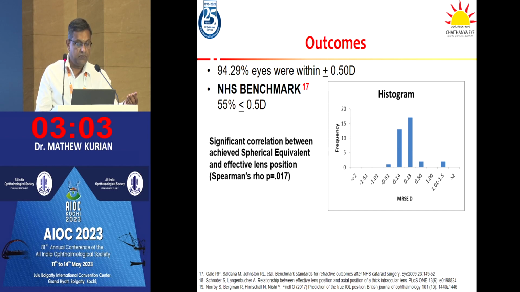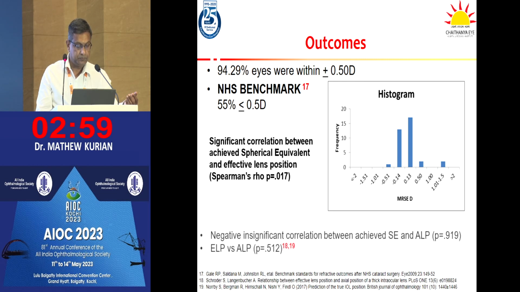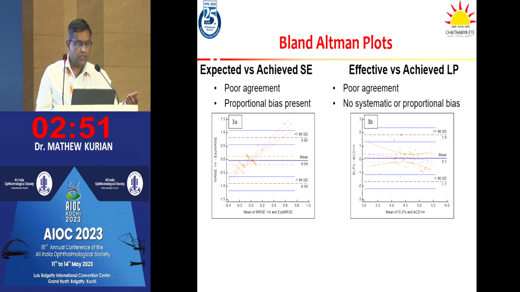And there was a significant correlation between the achieved spherical equivalent and the effective lens position. There was an inverse correlation between the achieved spherical equivalent and the achieved lens position. So what we find is that there is a poor agreement between the refractive error at 1 month and the expected refractive error.